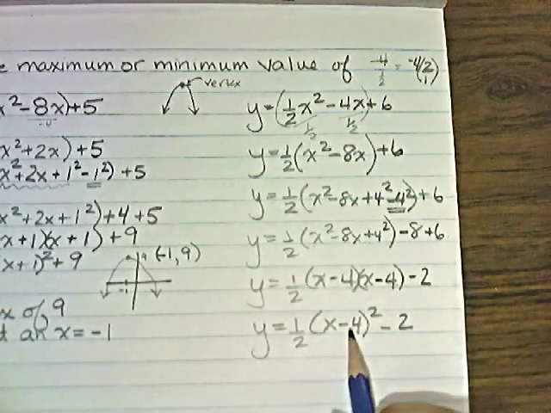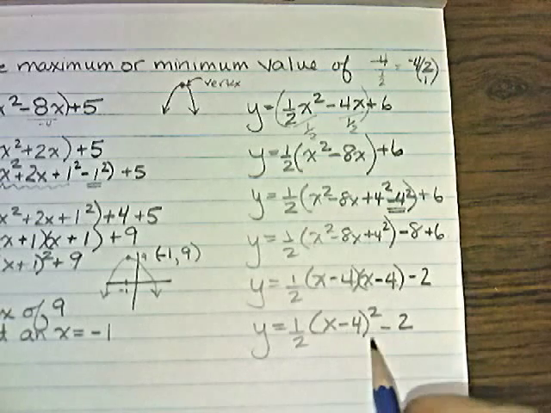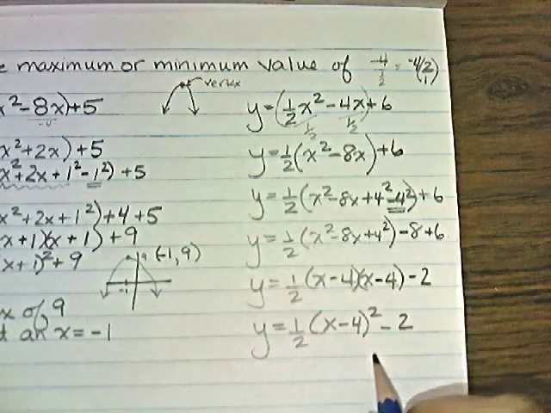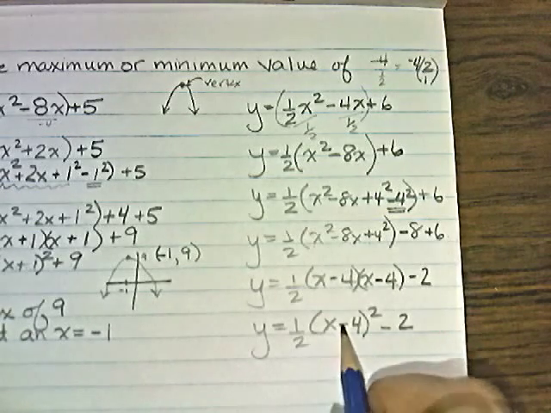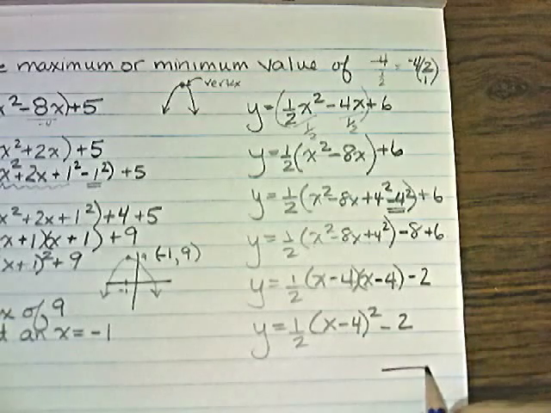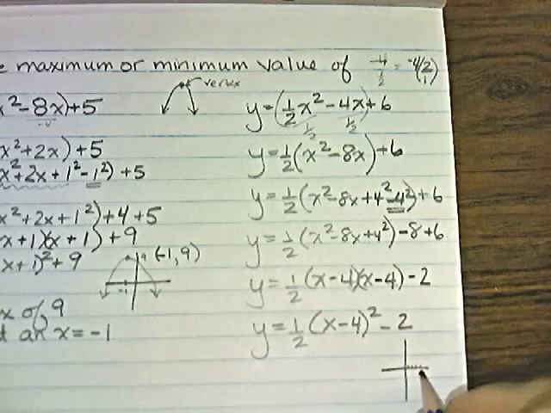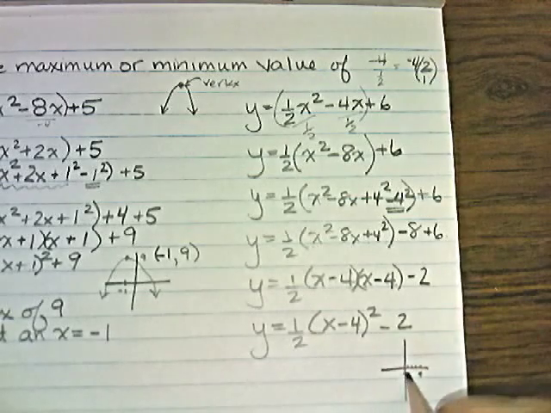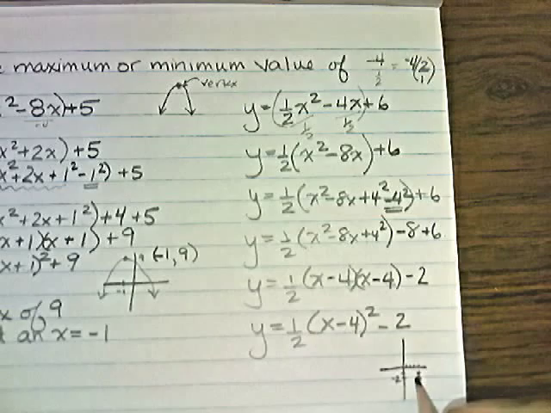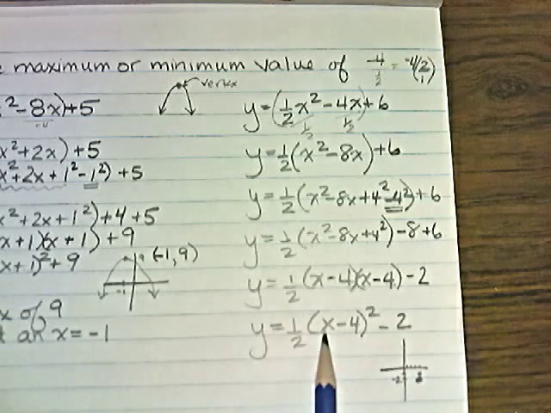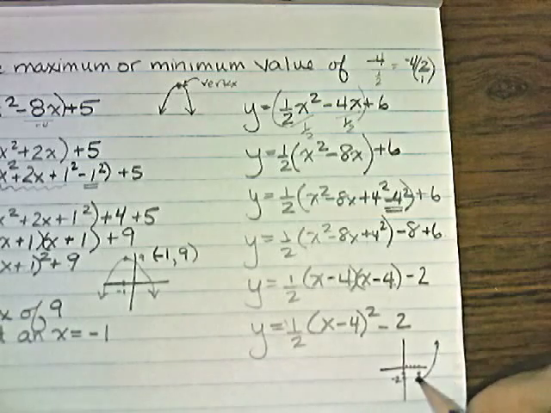My vertex went right by 4, 1, 2, 3, 4, and down by 2, 1, 2. And so I think about my leading coefficient here is a positive value this time, and so it will be opening up.